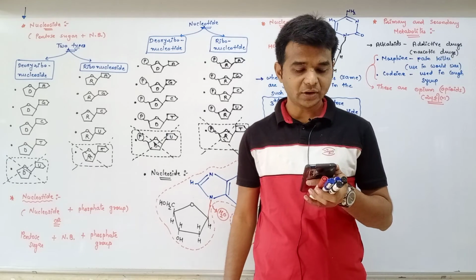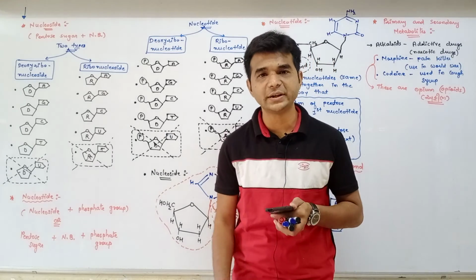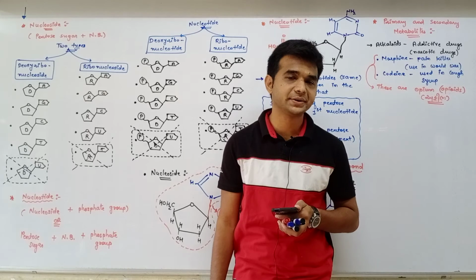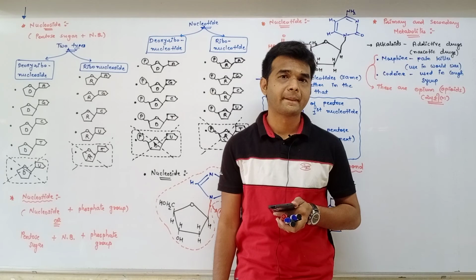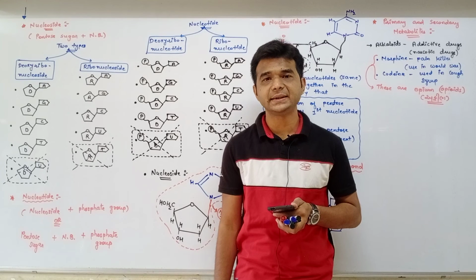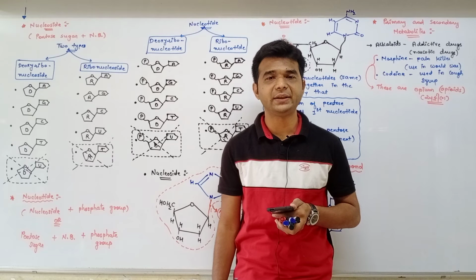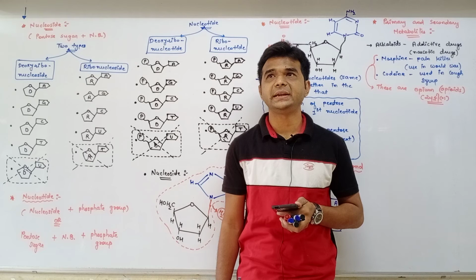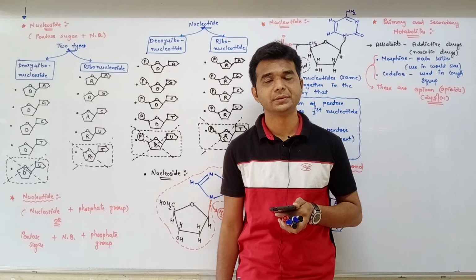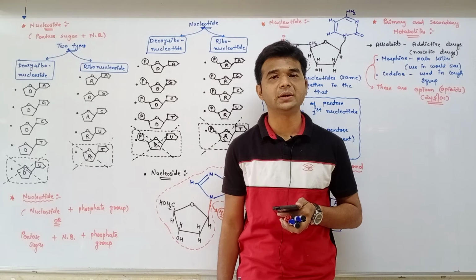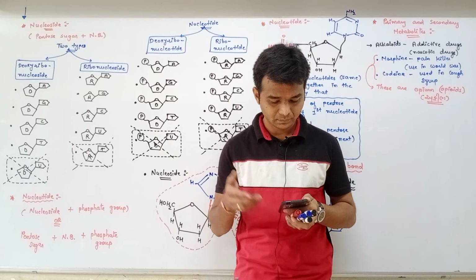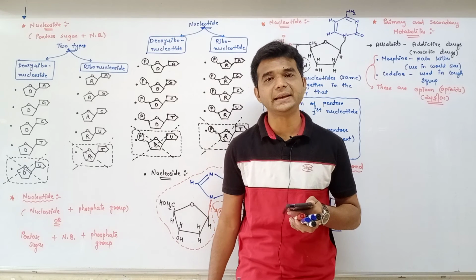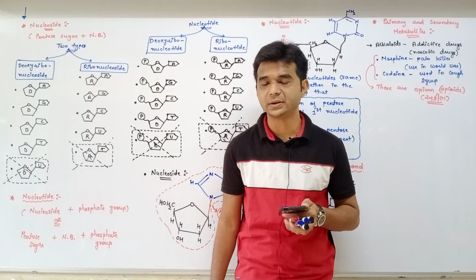Again, carotenoids are known as yellowish to orange colored pigments. Carotenoid consists of carotene as well as xanthophyll. So carotene is orange colored, xanthophyll is yellow colored. Anthocyanin is bluish colored.